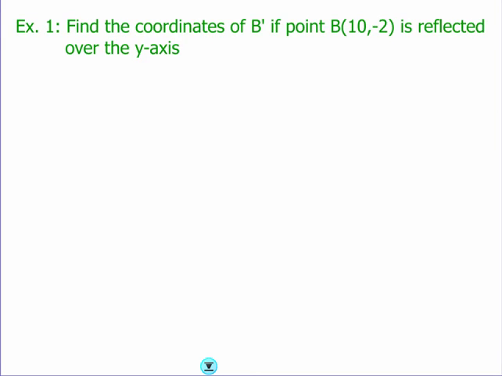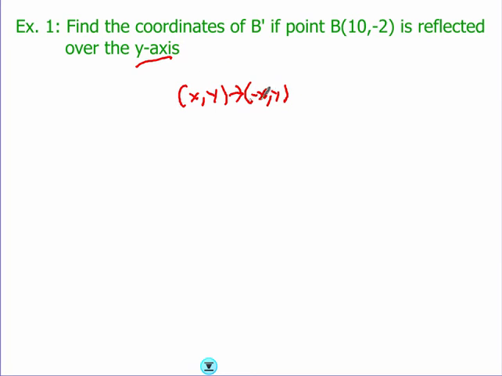This problem says, find the coordinates of B prime if the point B, (10, negative 2), is reflected over the y-axis. Well, since it's the y-axis, I know that (x, y) is going to go to (negative x, positive y).